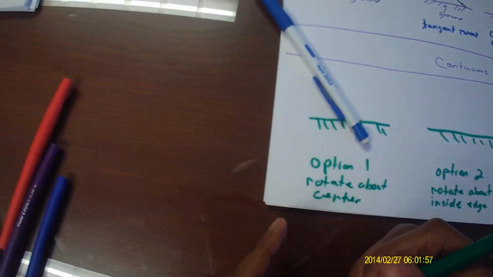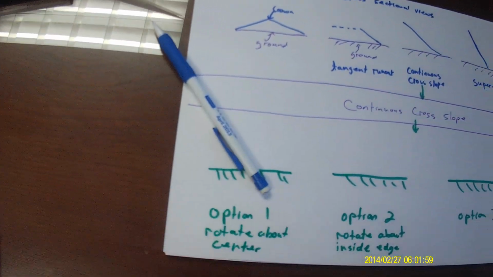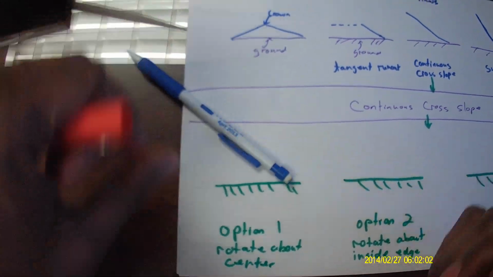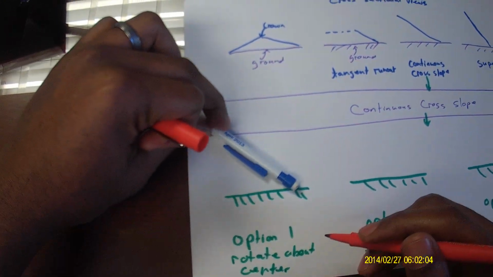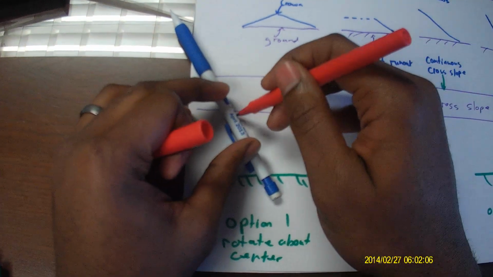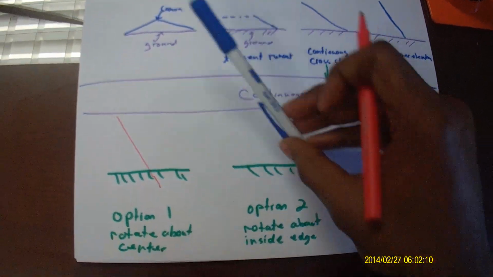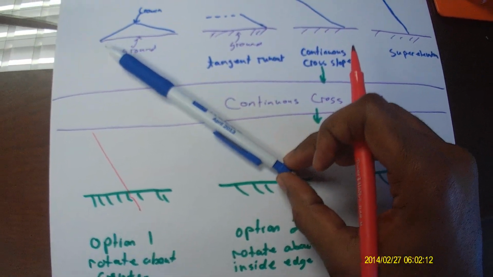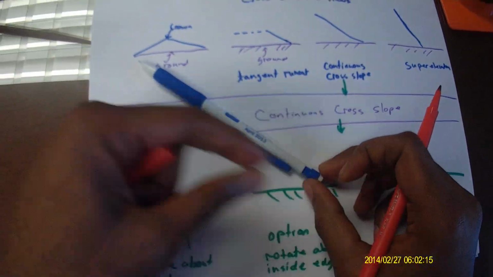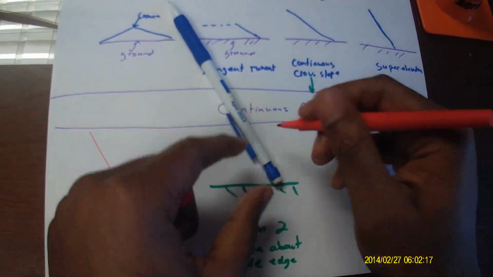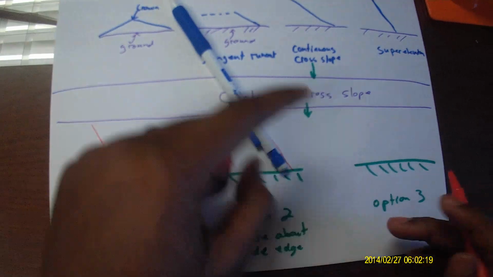When I did that, I held the pivot here, rotated it about the center, fully super elevated, and ended up with something right there. Option 2, if you remember, this is the continuous cross slope, rotated about the inside edge here, fully super elevated, kind of looks like that.